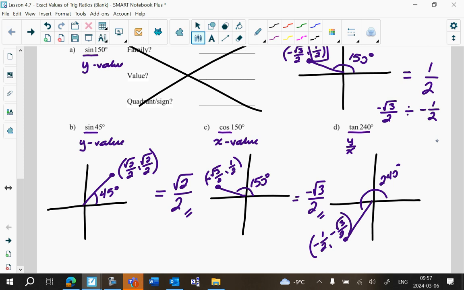So this will be negative root 3 over 2 times negative 2 over 1. The 2 up top and the 2 on the bottom reduce down to 1. So I've got negative root 3 up top, negative 1 on the bottom. Two negatives make a positive, and it'd be root 3 over 1, which is just root 3.